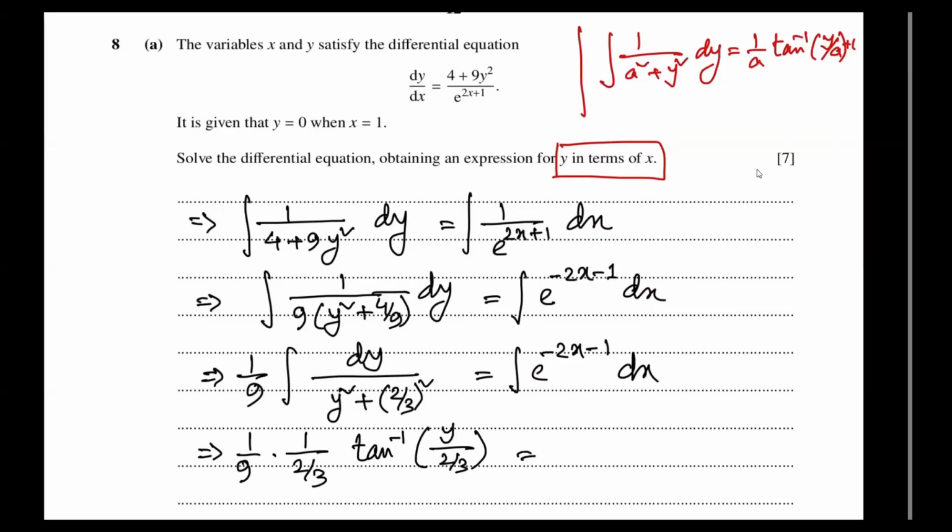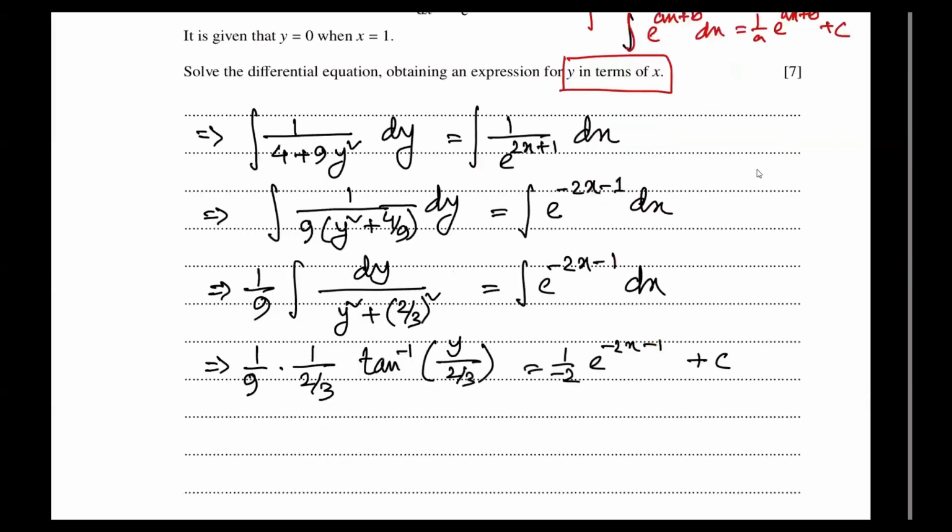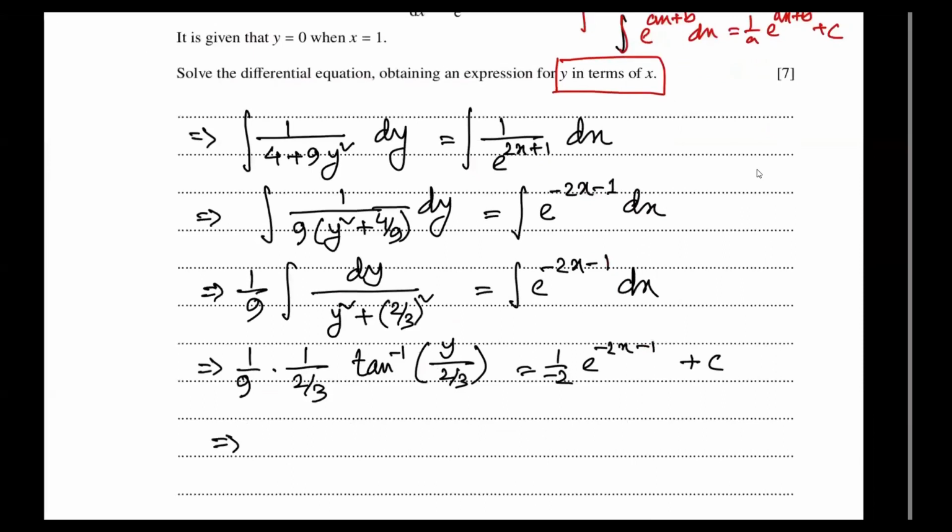On the right hand side, we have e to the power twice x, remember, integration of e to the power ax plus b is 1 by a e to the power ax plus b. So it will be 1 by minus 2 e to the power minus 2x minus 1, and then the constant of integration on the right hand side.